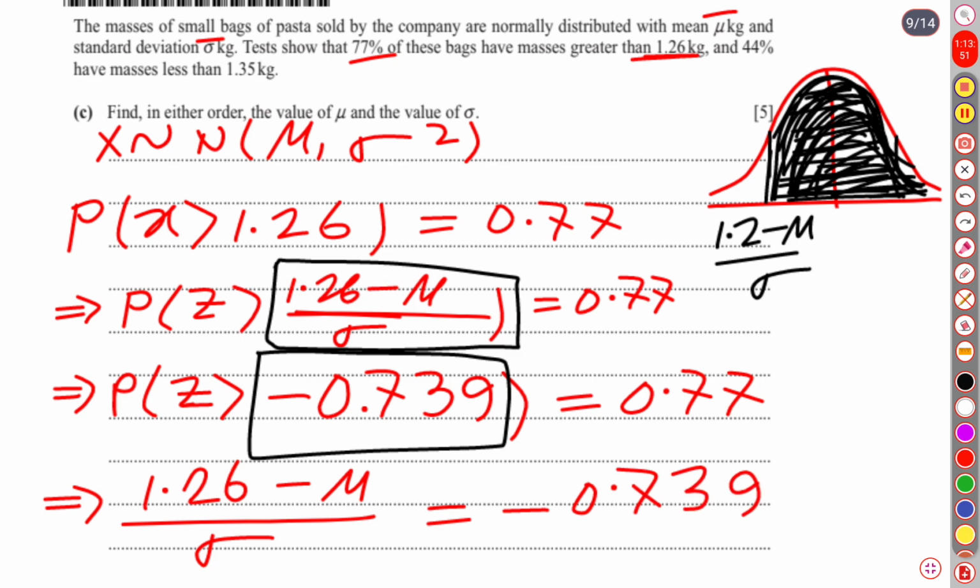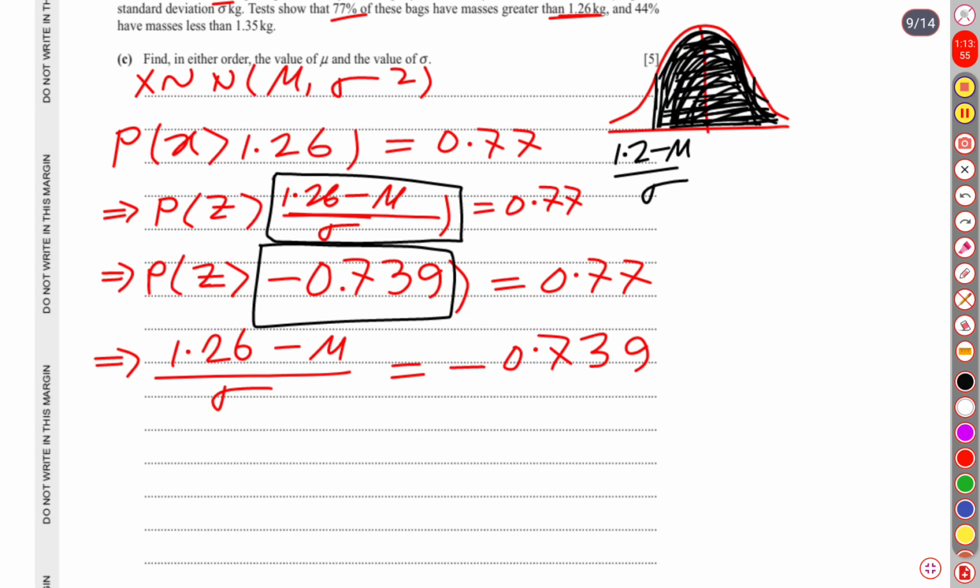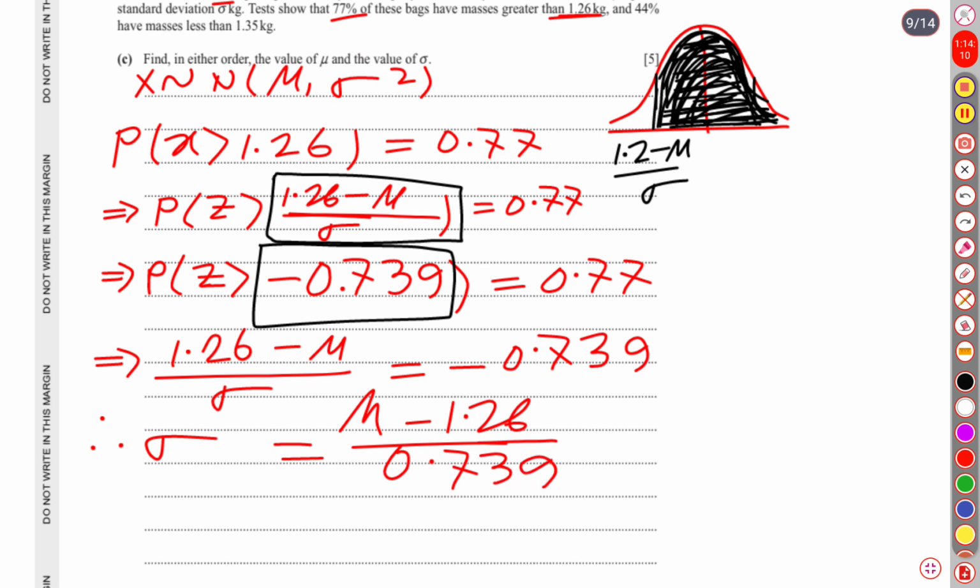Then if we isolate sigma as the subject, sigma is going to be (mu minus 1.26) over 0.739. We may call this equation number 1, and we know there will be two different equations, because there are two values missing. We will have to obtain them simultaneously.